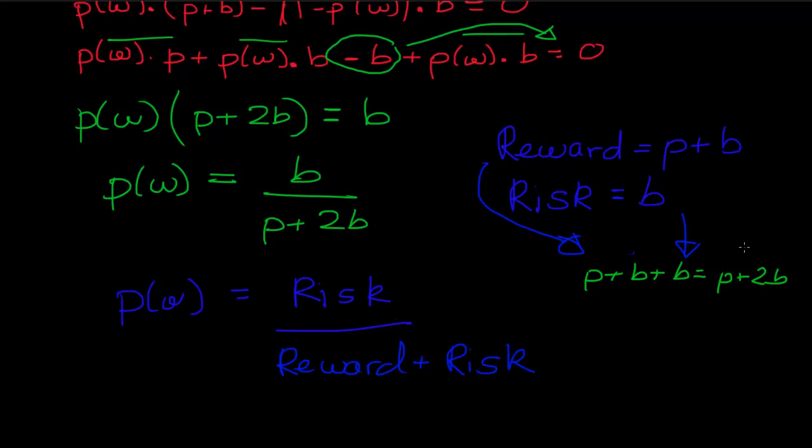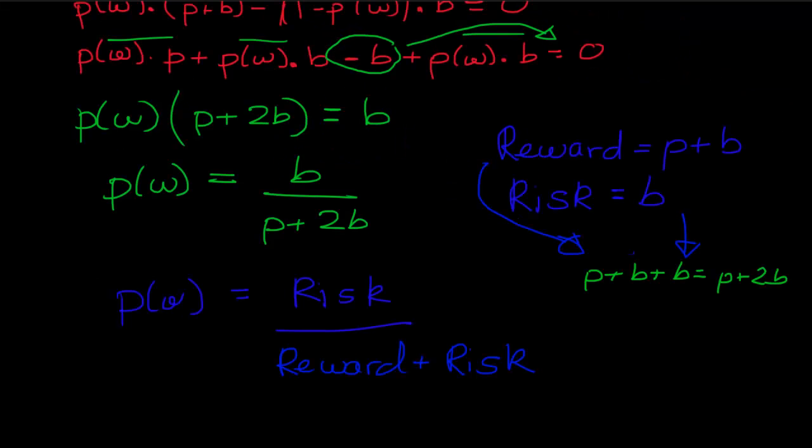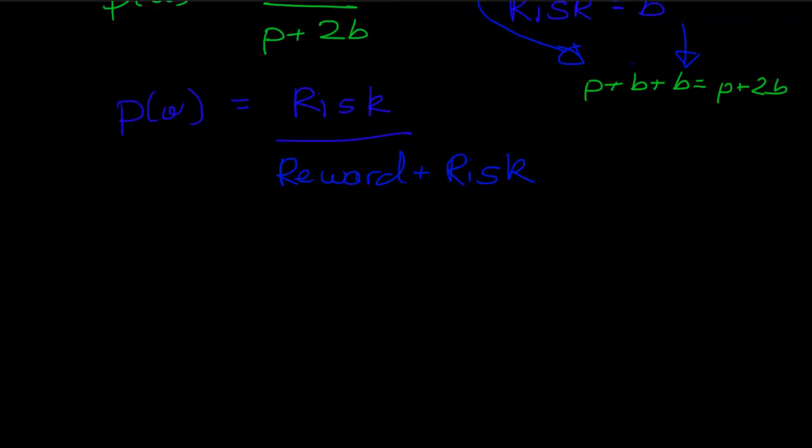So how does this manifest itself? Well, let's say we've got pot odds of 2 to 1. Okay, that means this is our reward, and this is our risk.